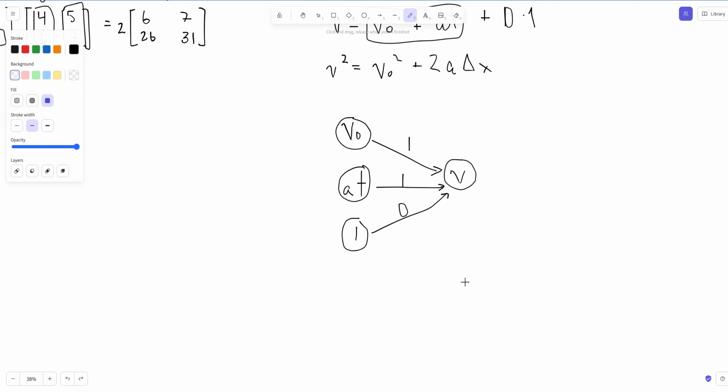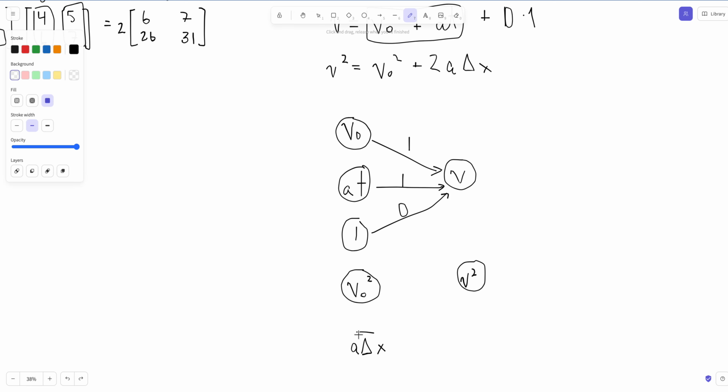So now I'm going to make another output. Remember, in our Celsius to Fahrenheit example, we just had one output. Now we have two. And I'm going to now draw the features. So v0 squared and a delta x. There's no 2 because that 2 is actually our weight for a delta x.